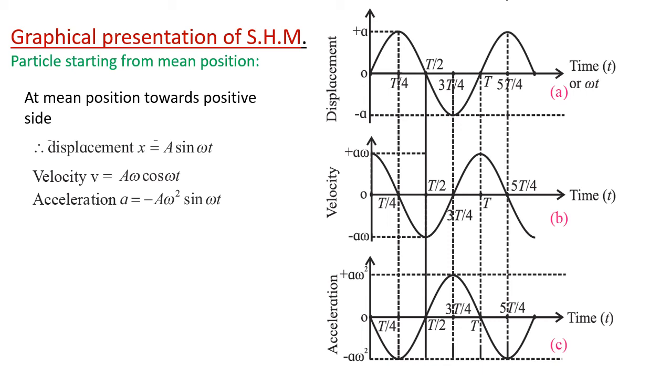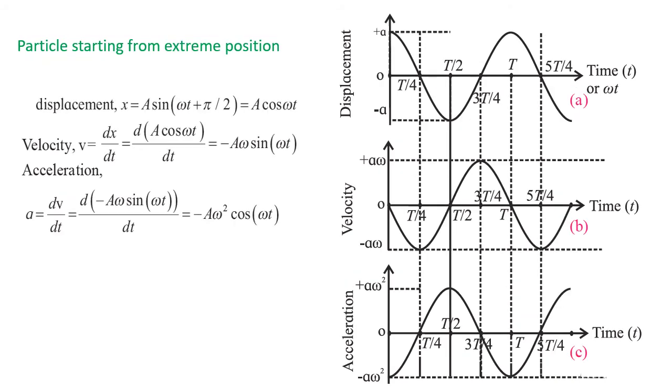Let us check what the graphical presentation will be for particles starting from extreme position. Here are the expressions for displacement, velocity and acceleration. If the particle starts from extreme position, its displacement will be given by a cos omega t, its velocity will be given by minus a omega sin omega t, and its acceleration will be minus a omega square cos omega t.